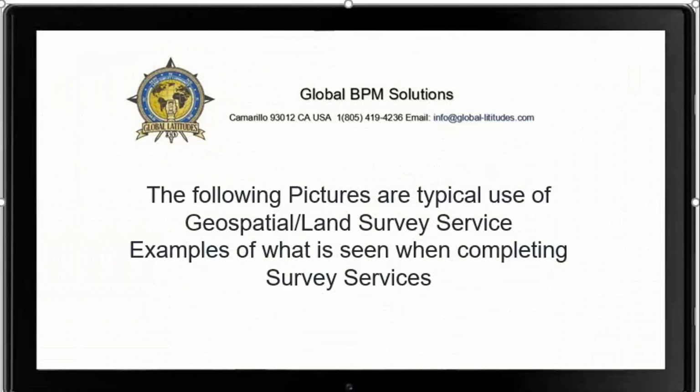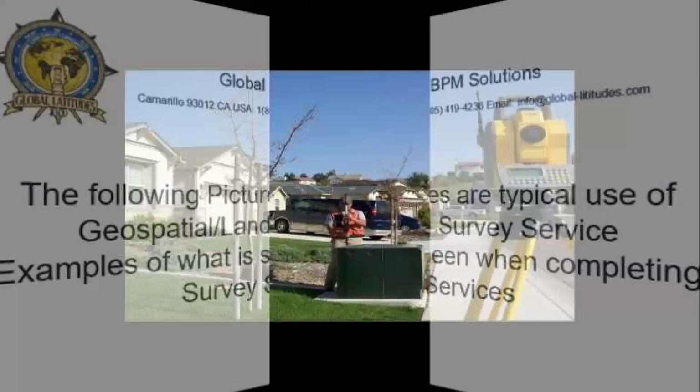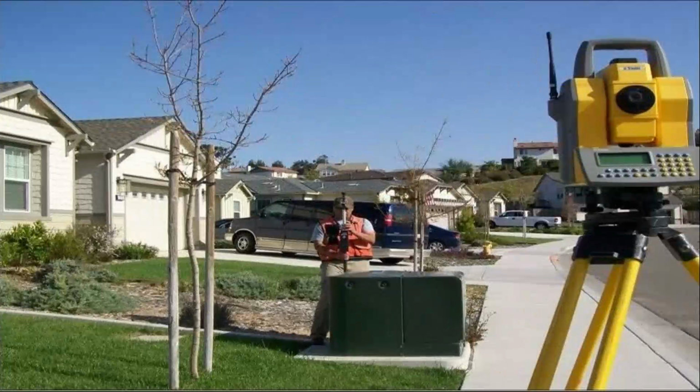Now, the following pictures are typical use of land survey services. These are examples of what you see when completing survey services. Now that happens to be Victor doing a survey in a neighborhood.